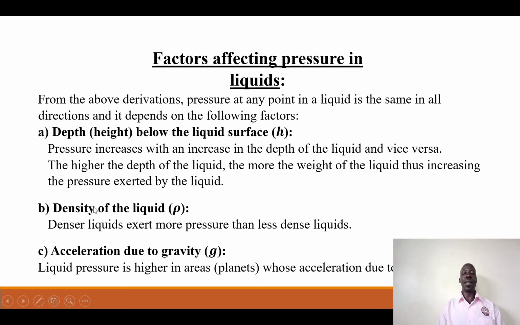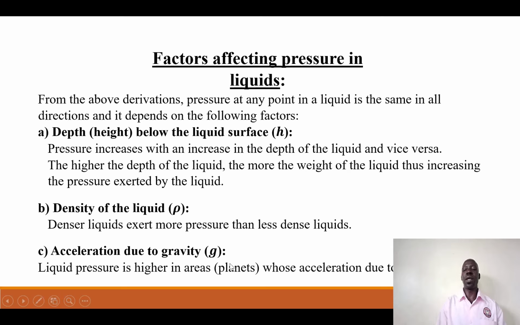Another factor is the density of the liquid. We represent it with the Greek letter rho. Denser liquids exert more pressure than less dense liquids. And another one is acceleration due to gravity. Class, liquid pressure is higher in areas of a planet whose acceleration due to gravity is also high.